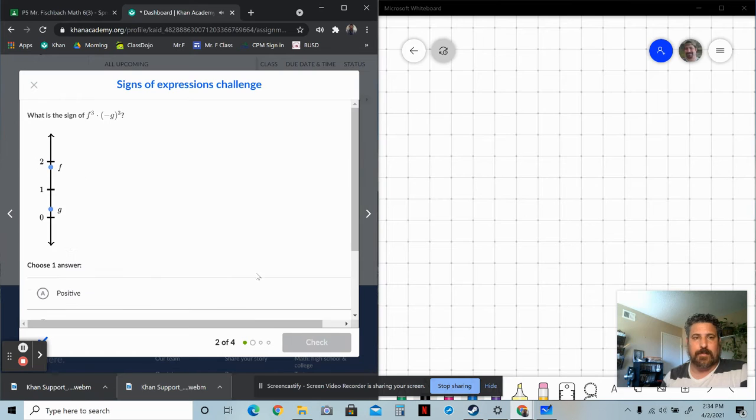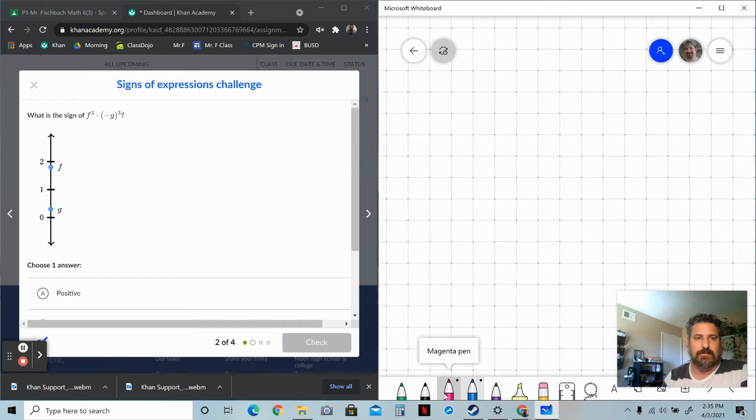Okay. The next one, you've got f to the third times negative g to the third. On this one, what you want to do is figure out whether f is positive or negative. Looking at this situation here, we can see that 0 is below g and f. So that means g is somewhere between 0 and 1, and f is somewhere between 1 and 2, right?